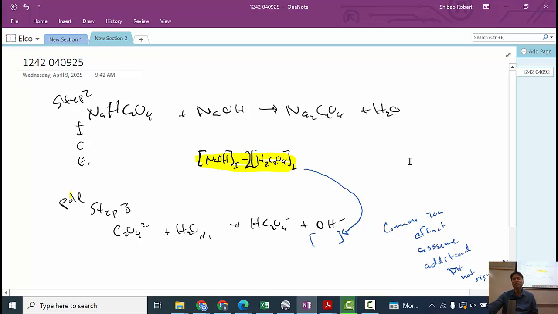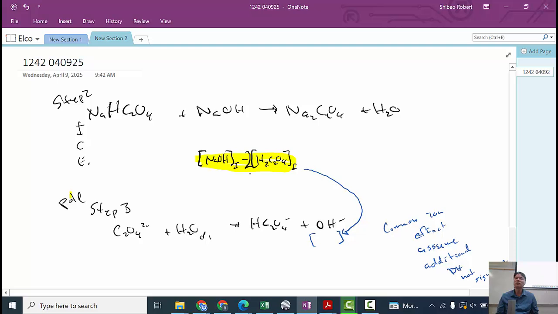In other words, this is a mixture of strong base and weak base. As long as the concentration of the strong base is greater than, let's say, 10 to the minus 6, then we're good. And the strong base here is probably going to be greater than 10 to the minus 6.